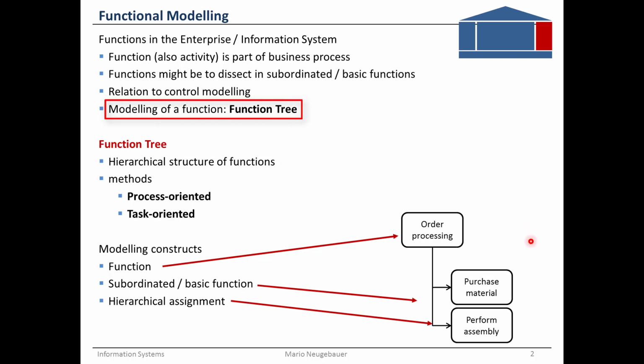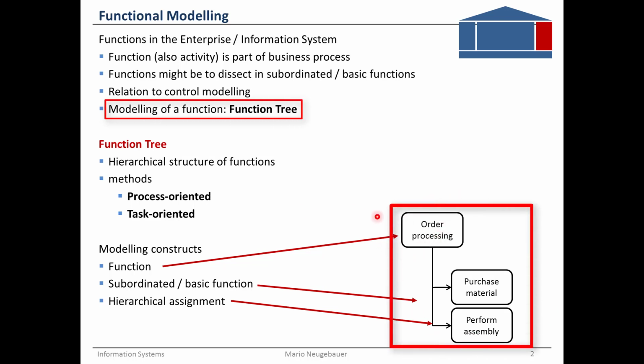Like mentioned before, you can have this overview function here, for example, order processing, and then this hierarchical dependency to other functionalities, such that this functionality, purchase material, is a detailed function which is contained in this order processing function.